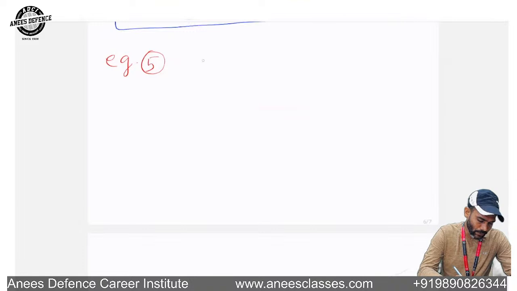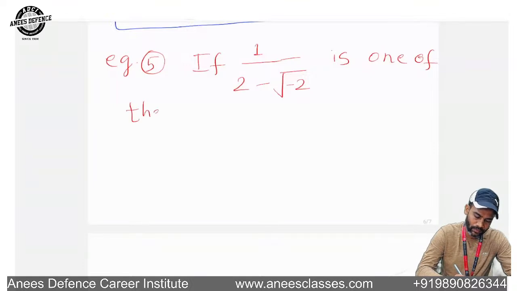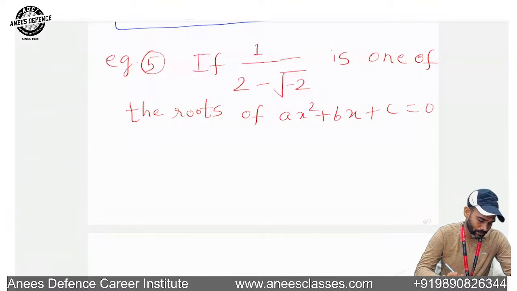See, if 2 minus under root minus 2 over 1 is one of the roots of ax square plus bx plus c is equal to 0, where a, b, c are real, then what are the values of a, b, c respectively?